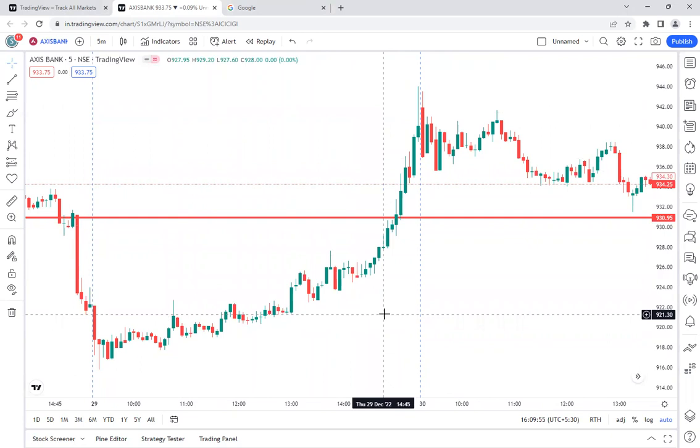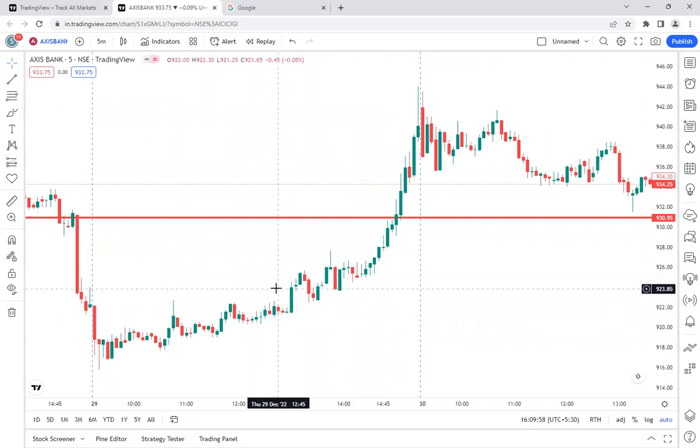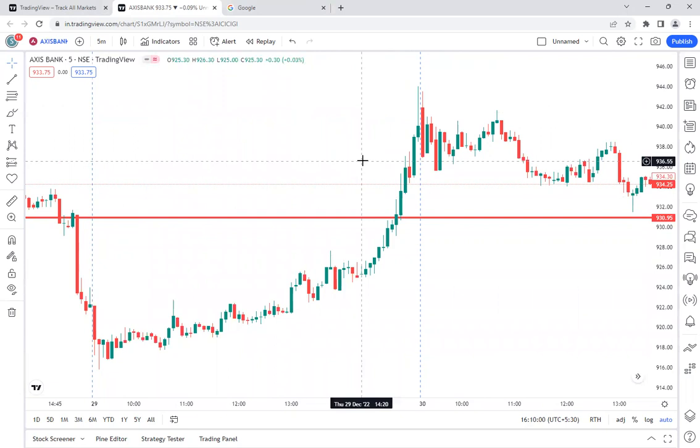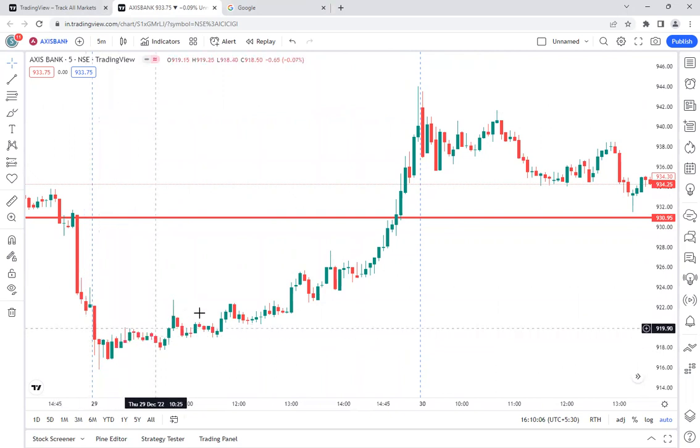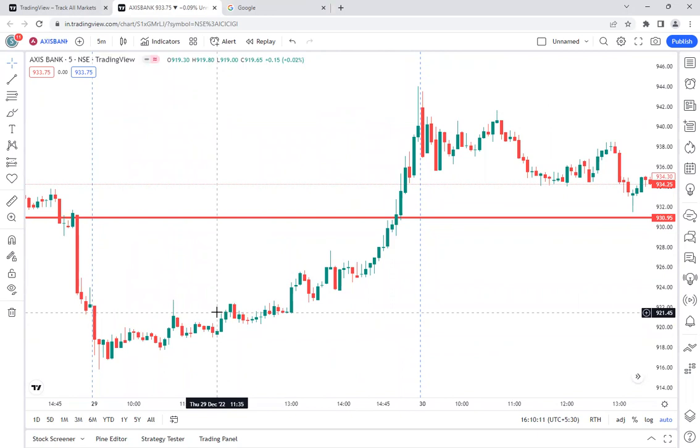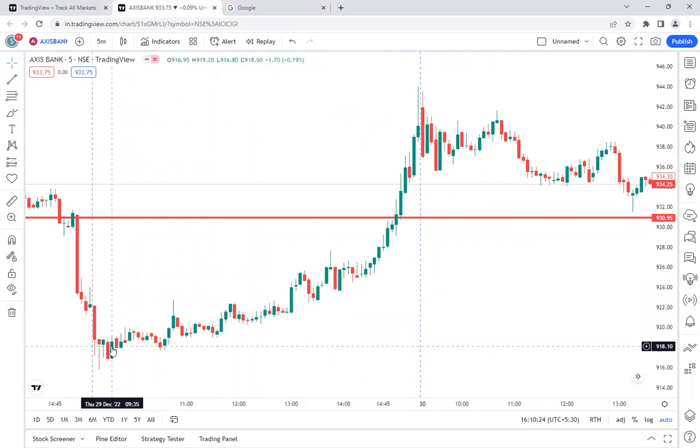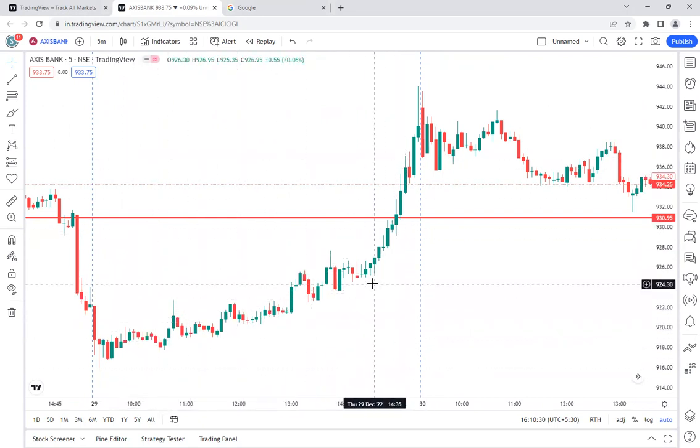Generally, if you see a continuous rally towards the upside in any stock, or even in Nifty or Bank Nifty, in the intraday price action, then the next trading session, most of the intraday traders will look for the buying option only, because they will expect that the same buying activity or same buying momentum will continue in the next session also.